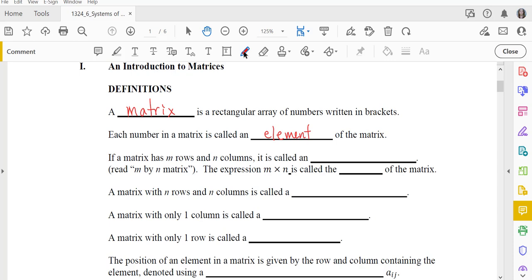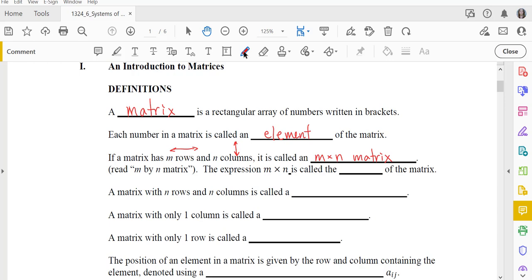If a matrix has m rows, and remember that rows go this way, and n columns, then it's called an m by n matrix. So you always list the number of rows first and the number of columns second.